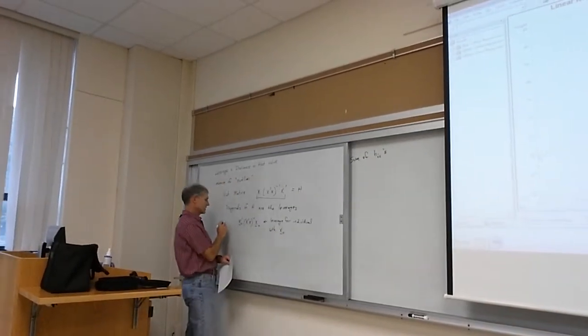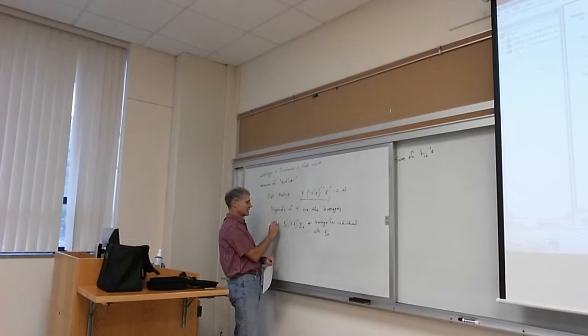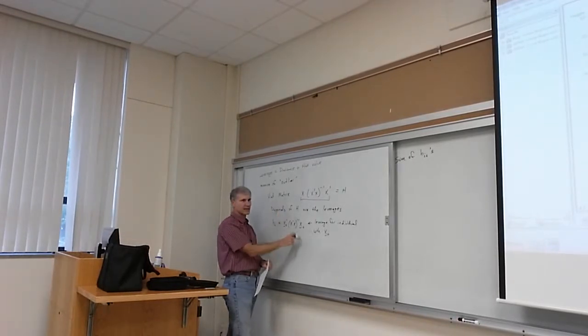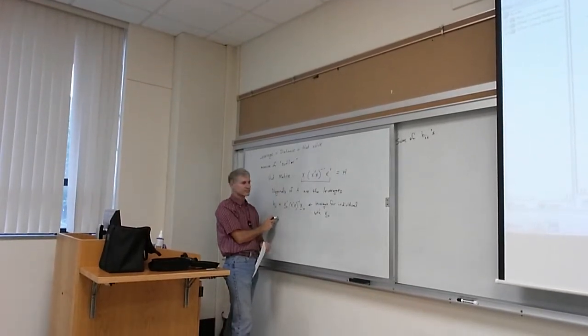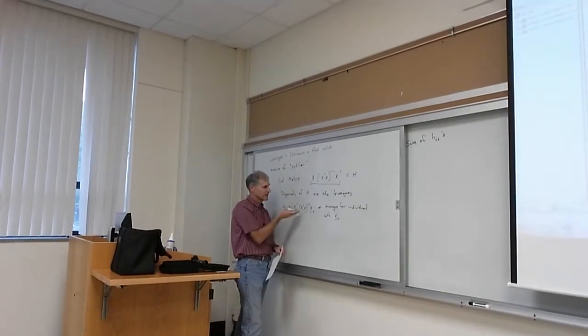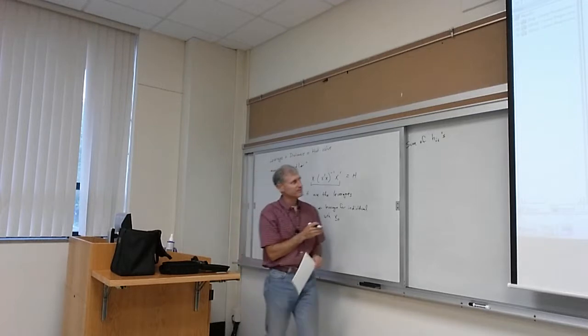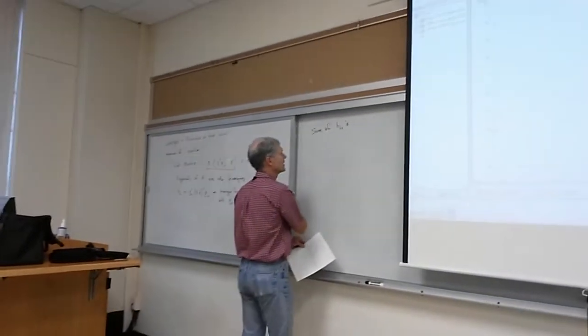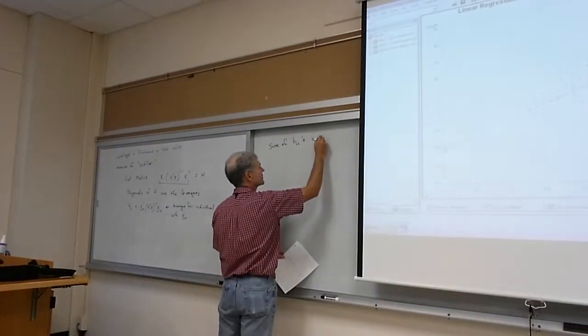So this is h_ii, the ith diagonal element of the hat matrix, right? So that's the leverage that corresponds to that combination of x's. Right, so the sum of all of the h_ii is equal to k plus 1.